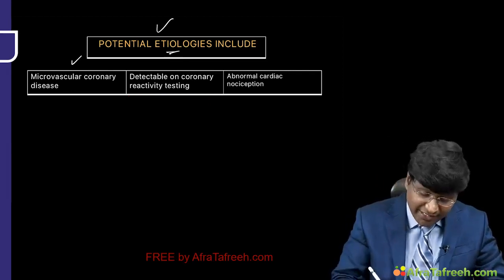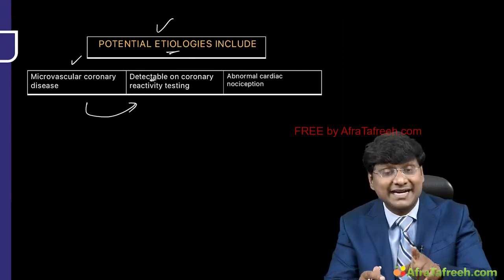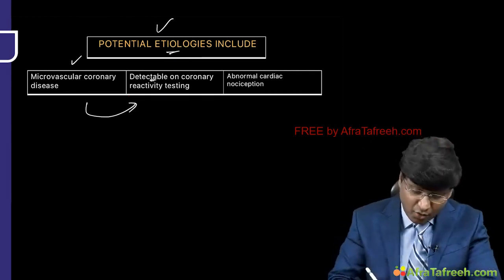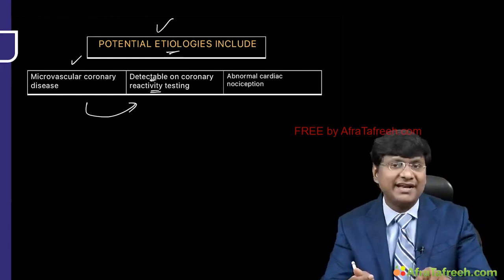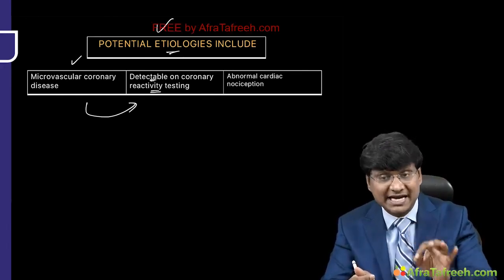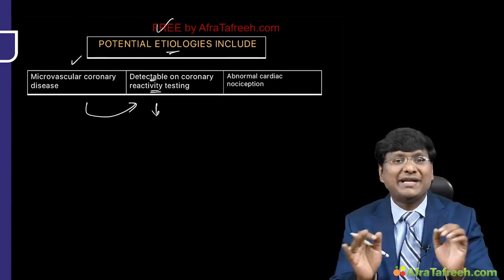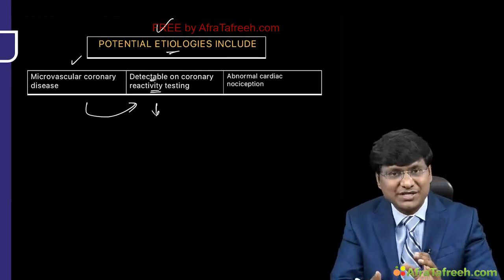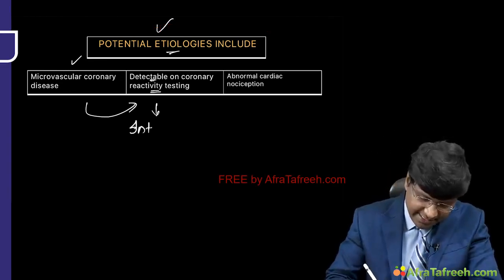How can you detect this microvascular coronary artery disease? It is detected on coronary reactivity testing, and this coronary reactivity testing is done in response to vasoactive agents. What are those vasoactive agents? Such as intracoronary adenosine.